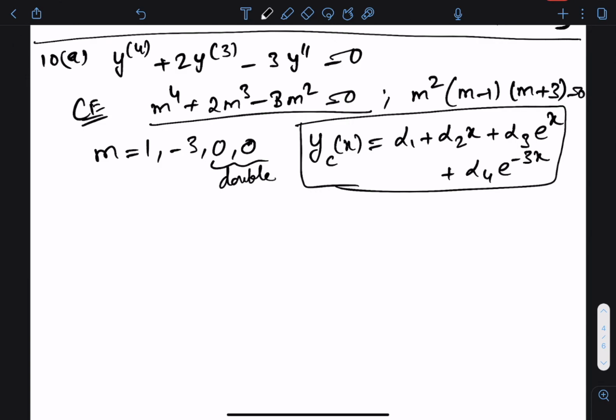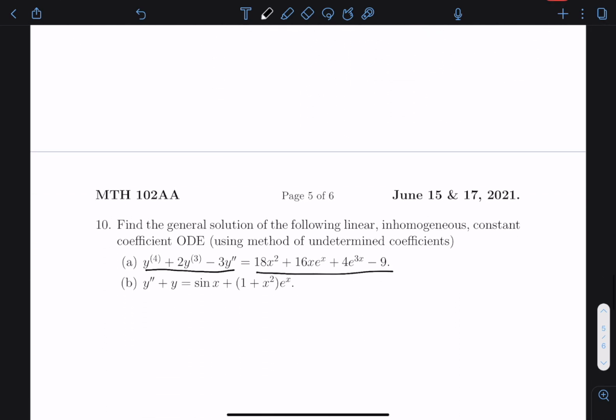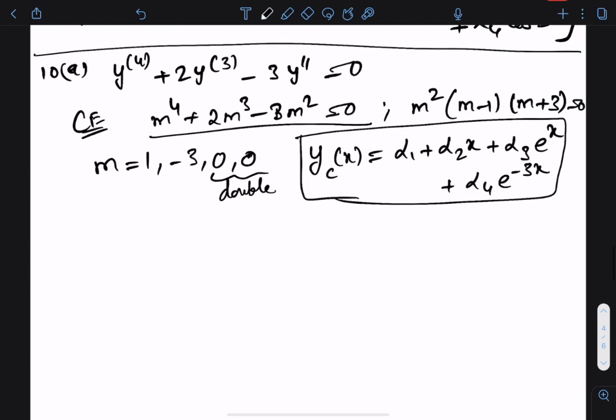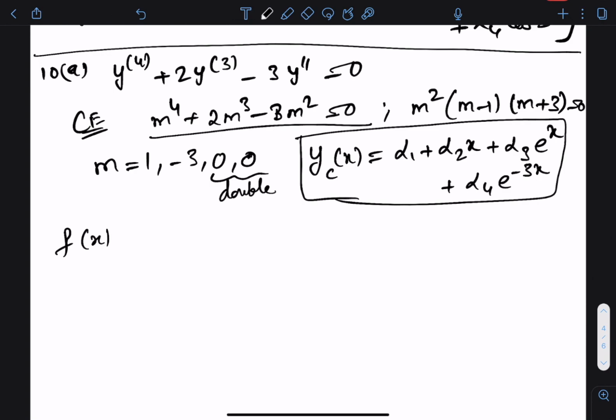Now you need to find the particular integral, and for that we look at the right hand side, which we call f of x. So f of x is 18x square plus 16x e power x plus 4 e power 3x minus 9.